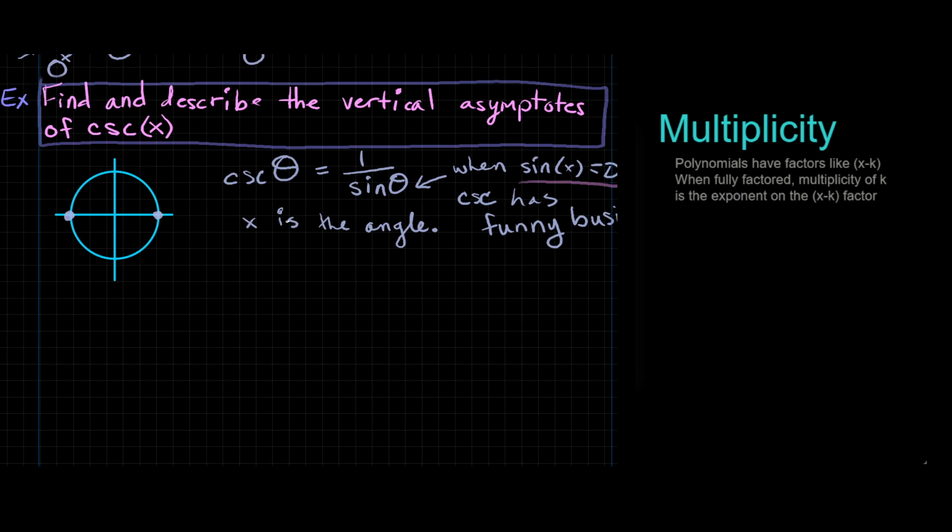What angles make the sine return 0? Well, this one is 0, and then when I go over here, this one's pi. But wait, there's more. From pi, I can go down and around this way and arrive at 2 pi. Then I can do another half circle, which is going to give me 3 pi, and then keep on going. Here's 4 pi. I do another half circle and I get to 5 pi.